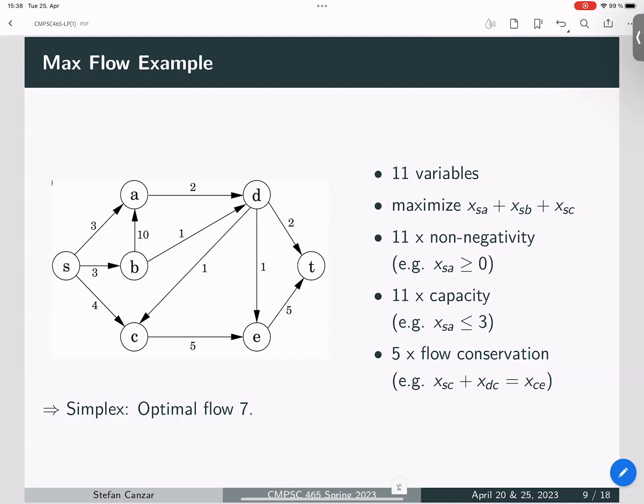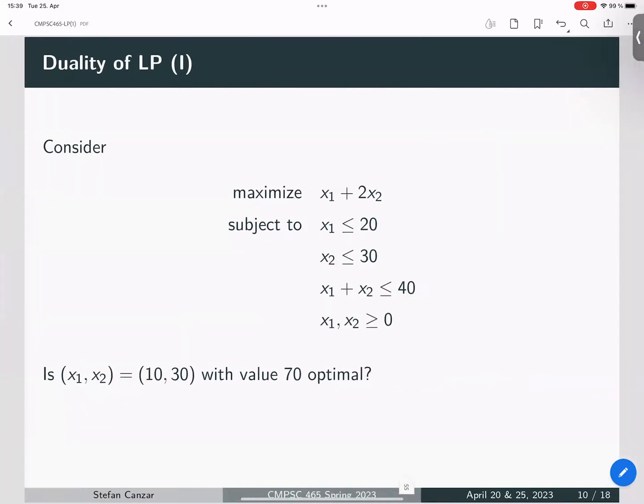We said that the capacity of every cut in our network will be an upper bound on any flow in our network, and therefore whenever we can match the value of a flow to the capacity of a cut, we have found the optimal solution. And surprisingly, something very similar exists more generally for linear programs, as you will see. And this is called duality.